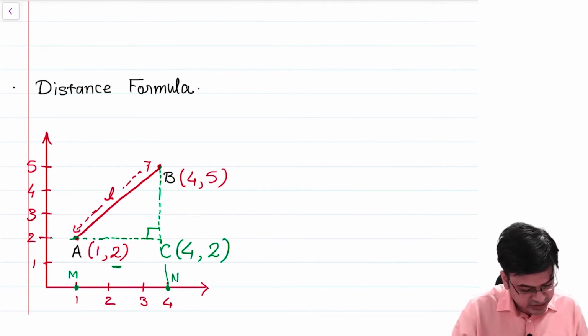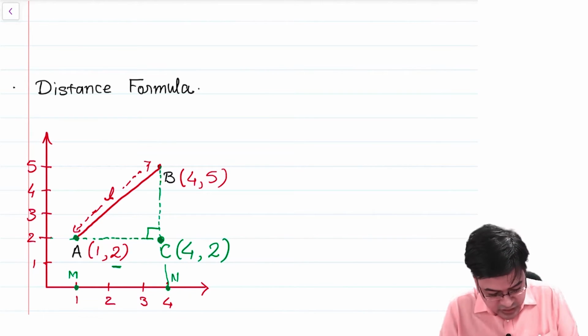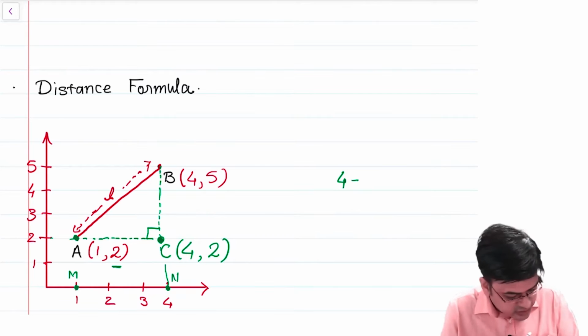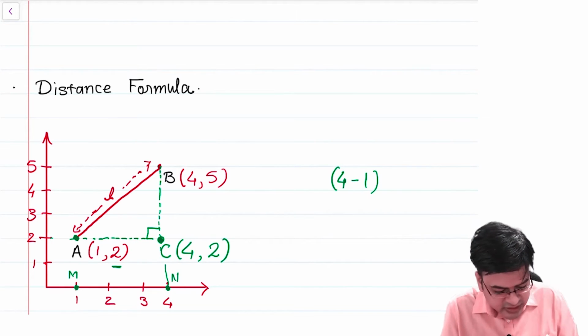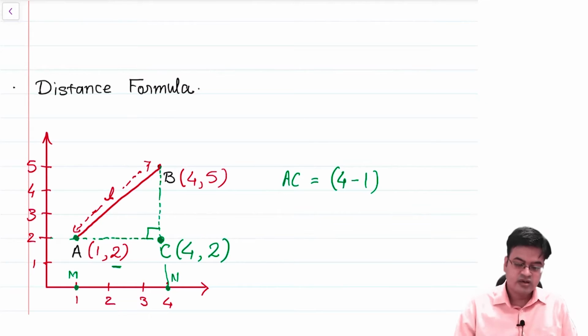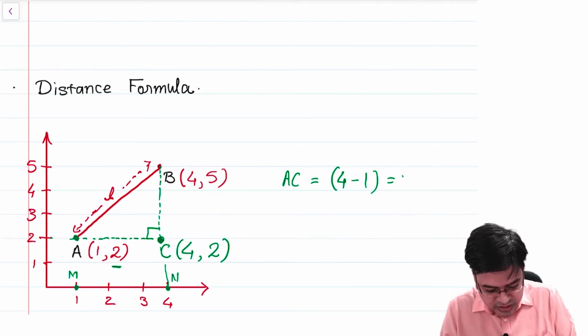The same logic is applicable when I am talking about the distance of these 2 points, A and C. So what is the distance of A and C? It is actually 4 minus 1. To be very precise, the length of AC is equal to 4 minus 1, which is equal to 3.